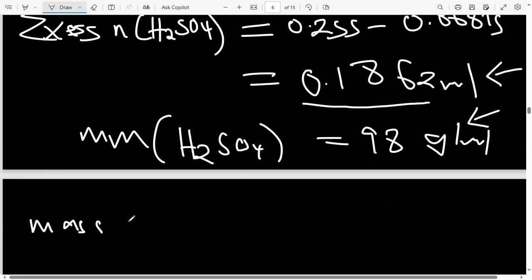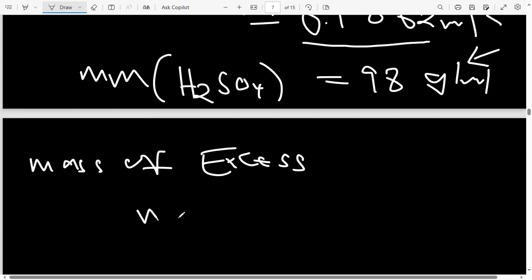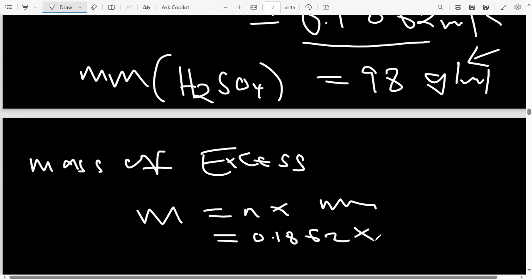So mass of excess, how are we going to calculate it? Mass is equal to moles multiplied by the molar mass. So moles are 0.1862 multiplied by the molar mass, which is 98.